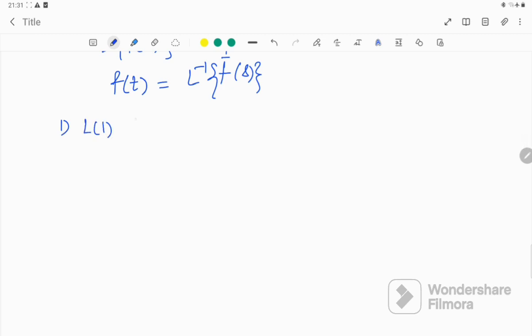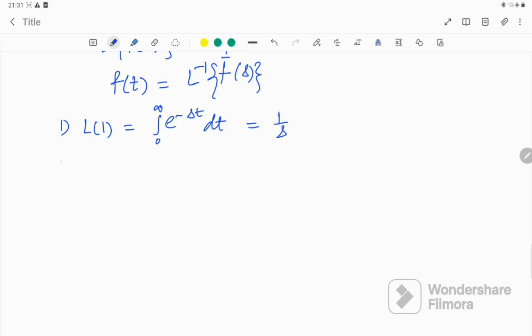of 1. What will be the value of this? So if we carry out this Laplace transformation like this, it will be e to the power minus st, f(t) will be 1 here. So this is e to the power minus st dt, integration 0 to infinity, and this should give 1 by s.